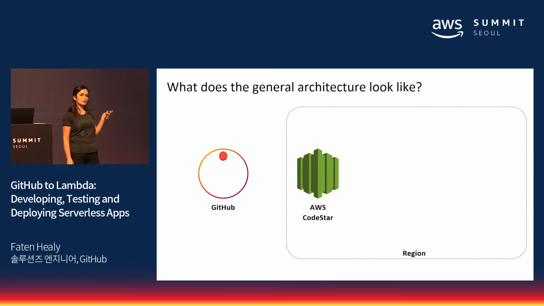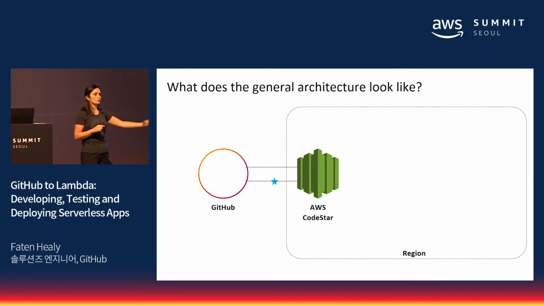Now, what happens when a change occurs on the GitHub side? It might be a change to your source code, to your AWS Lambda function. So GitHub will consume that change and send a notification message to AWS CodeStar.